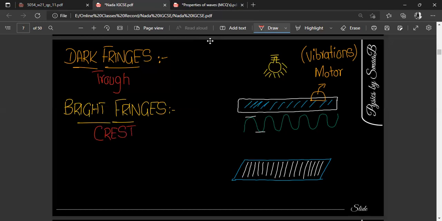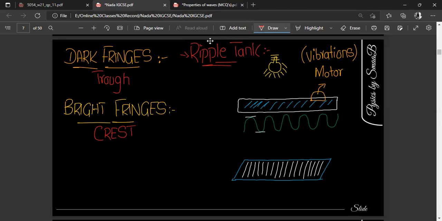Okay, so this is the basic setup of a ripple tank, and you can now conclude why a ripple tank is used. A ripple tank is used to observe the different properties of waves, right? हमारे पास रिफ्लेक्शन पॉसिबल है, रिफ्रैक्शन पॉसिबल है या डिफ्रैक्शन पॉसिबल है.